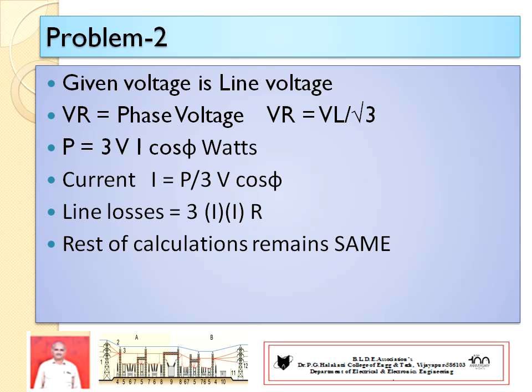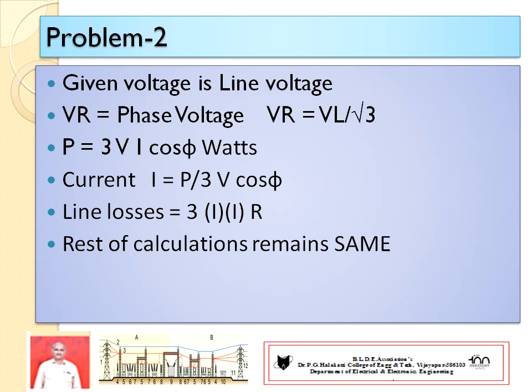Point number 2, in current calculation. The 3-phase power should be equal to 3 times VI cos phi watts, or root 3 times VL IL cos phi. You can use any one, but if you are taking VR as phase, then you use this.